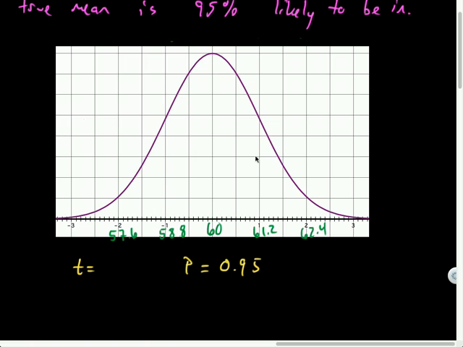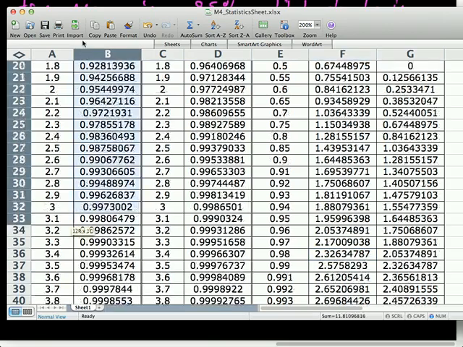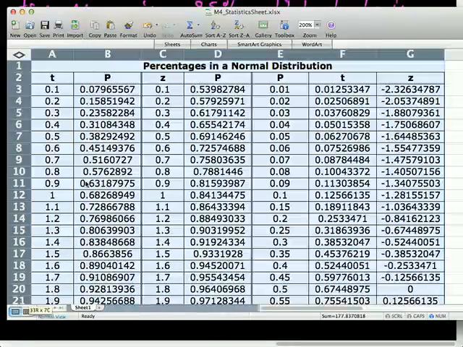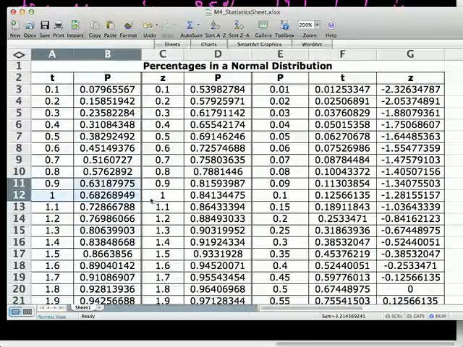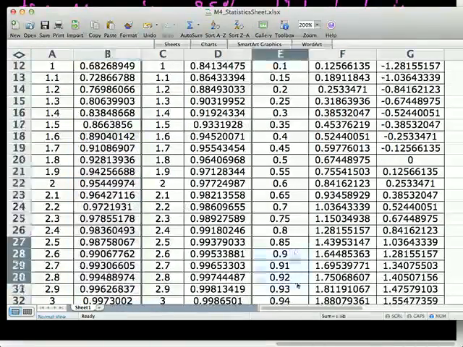So what I can do is look up exactly the same charts that we've been using. I'm going to look up a t-value of 0.95. Or actually, wait, sorry, I lied. I know the percent, but I don't know the t-value.